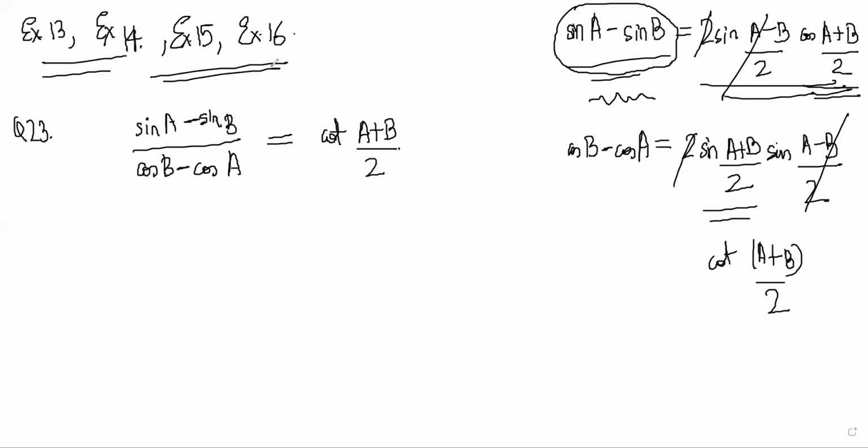In the next chapter also, exercise 17, we have already done the theory. Multiple angles we have already done. Tan 2A, tan 3A, everything I have derived. So exercise 17 is also doable, and similarly exercise 18 will also be doable, I think. Let me just check.